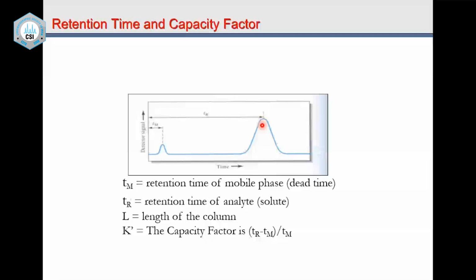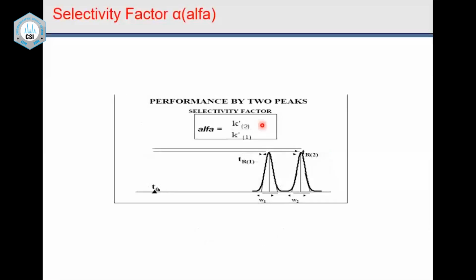So we need to have one more factor, which is called the selectivity factor. It is a ratio of two capacity factors. That means these two components have two different capacity factors. One comes a little later, one comes a little earlier, so they get separated. So when you have multiple components, the column should have a selectivity for each component, so that the capacity factors being different, they will get separated. The selectivity factor is nothing but K2 dash upon K1 dash, if these are two peaks.